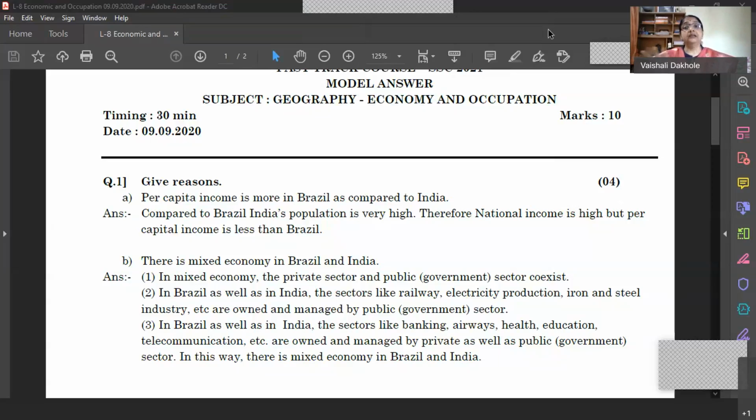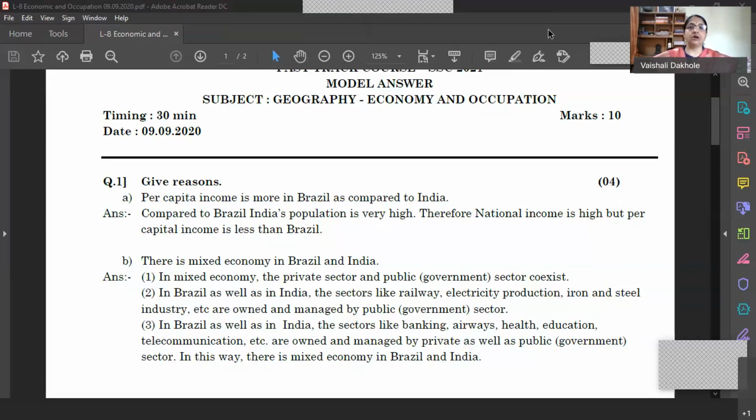On the contrary, in the socialist economy, all the controls of the means of production and the decision power are under the government. Government takes all the decisions regarding production and the distribution of whatever is produced in the country. So in socialist economy, there is no freedom to the capitalist or the industrialist.